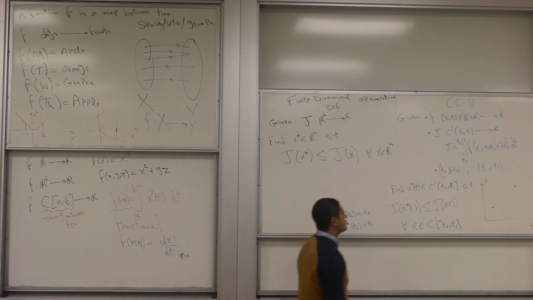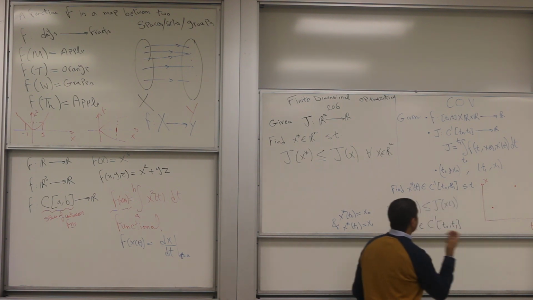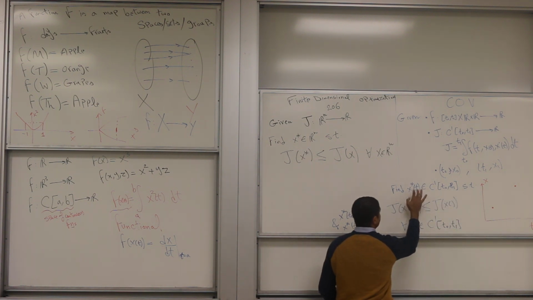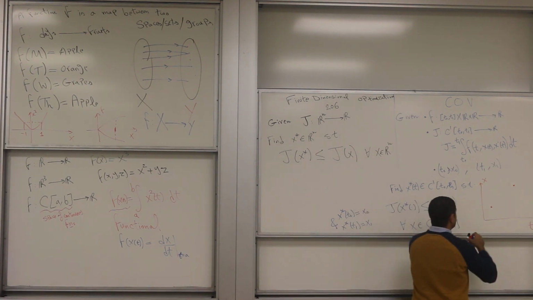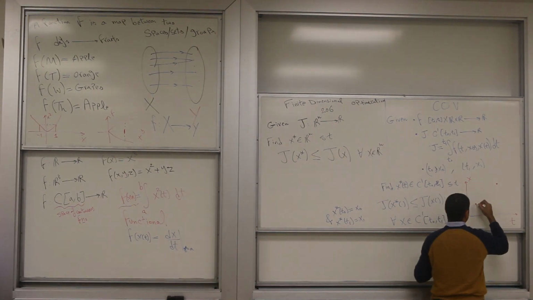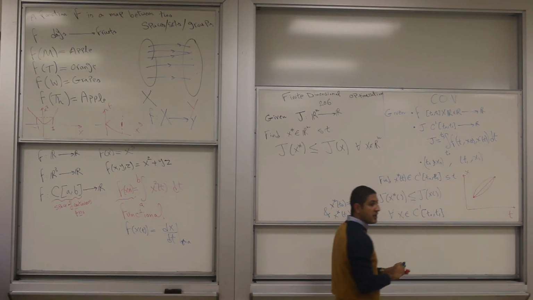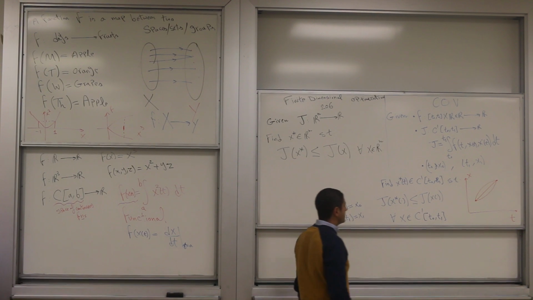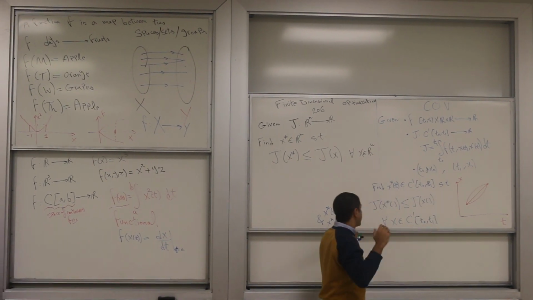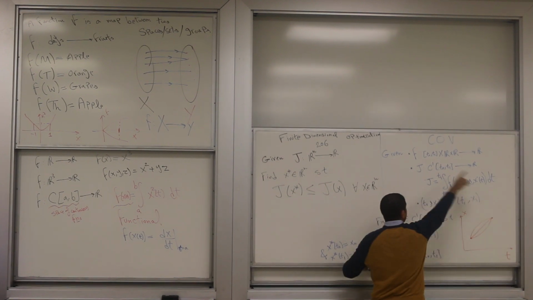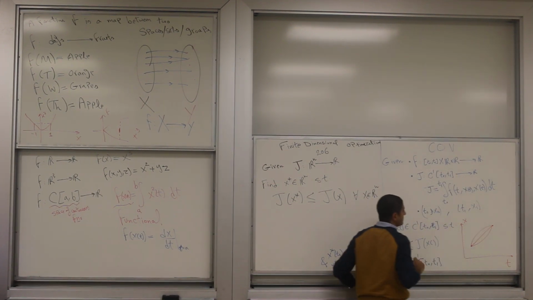So I'm given 2 points in the xt domain, and I'm looking for a function, x star of t, that connects these 2 points. Maybe something like this, like that, right? Any function that connects these 2 points and minimizes this J. We agreed from the beginning, in this definition, that J takes a function and gives you a number.